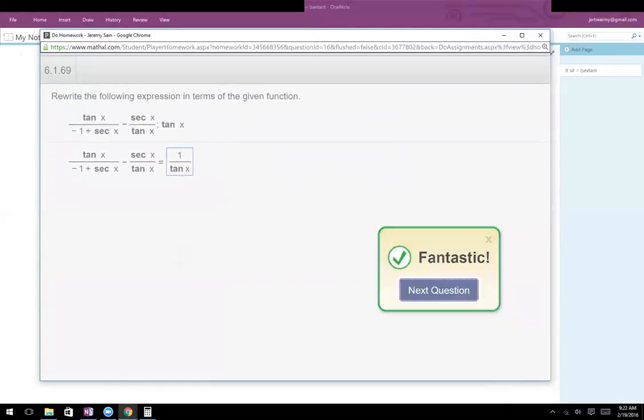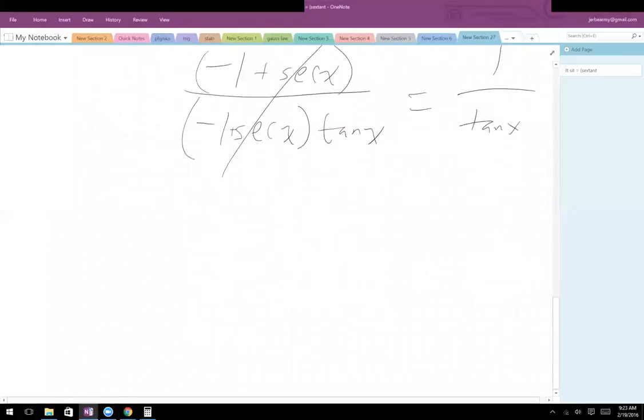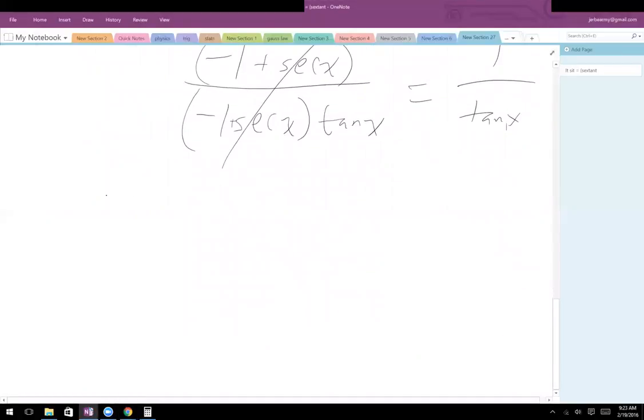Let's do one more like that. So we have all that stuff with cosine in it. We want to rewrite in terms of cotangent. Well, first thing we're going to do is just rewrite the problem.